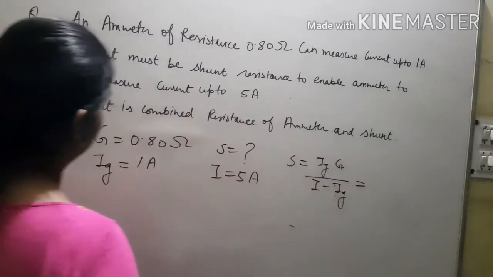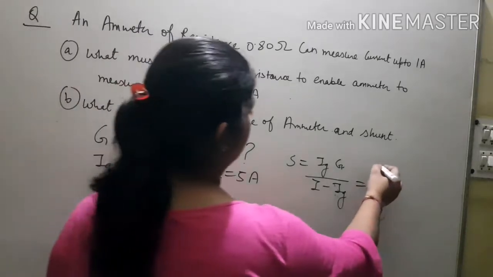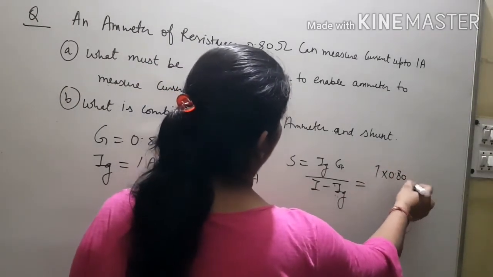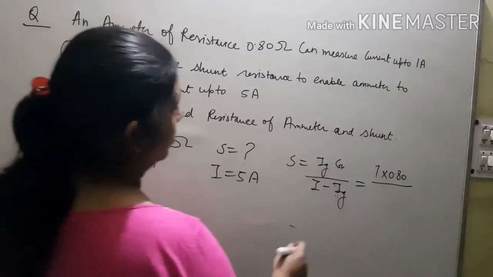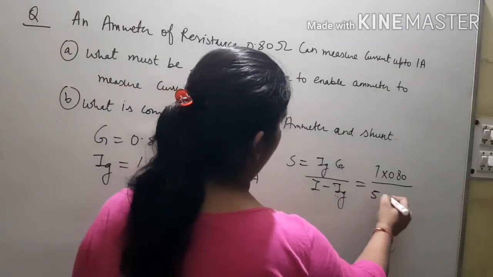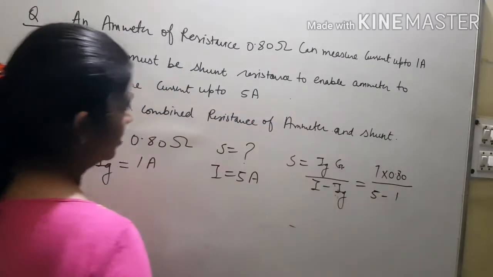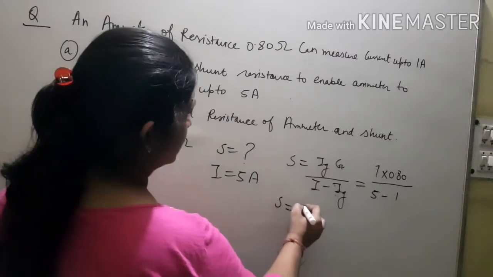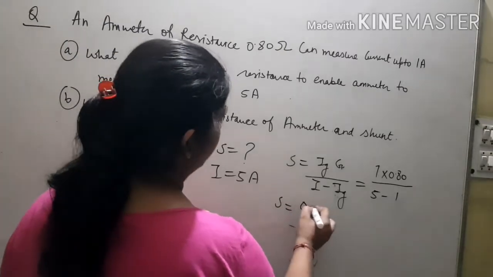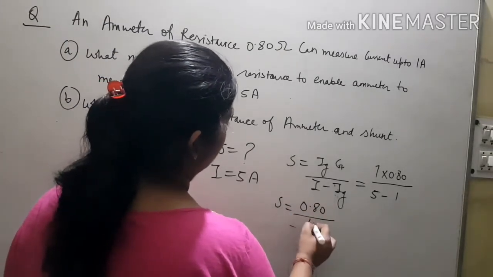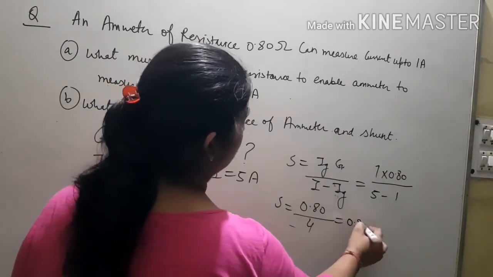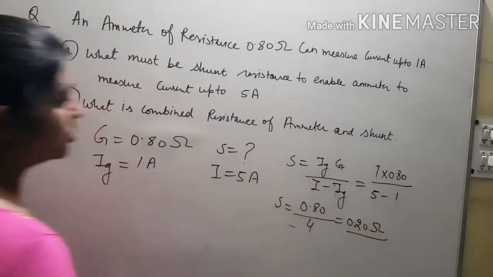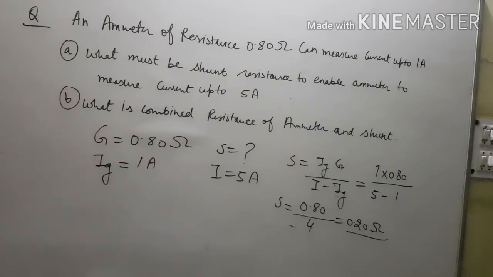What is Ig? 1 ampere. Galvanometer 0.8. I minus Ig means 5 minus 1. So now shunt becomes 0.8 over 4, that means 0.20 ohm. So this is the value of the shunt.